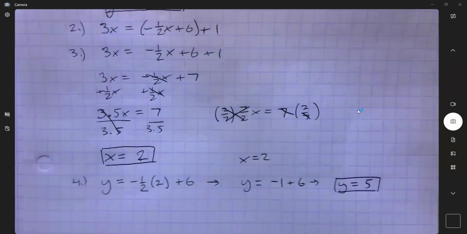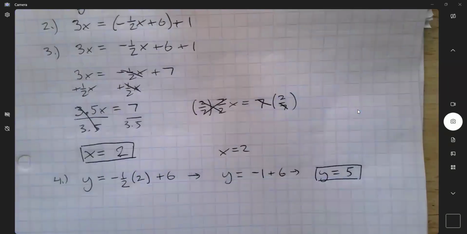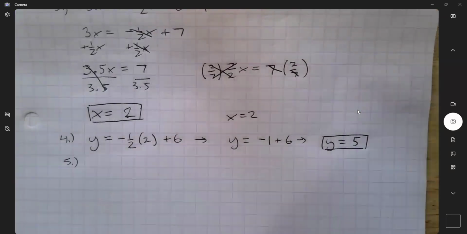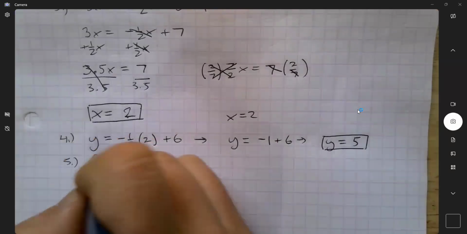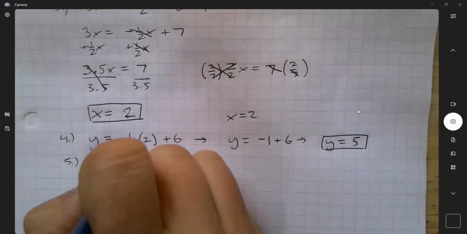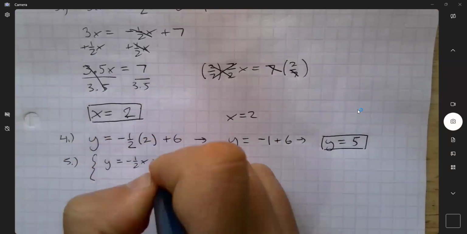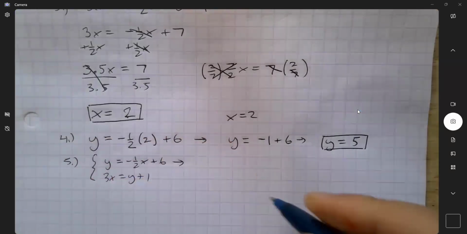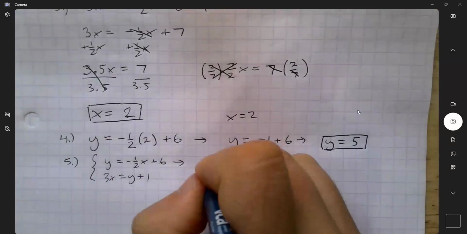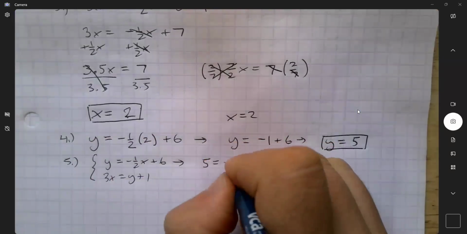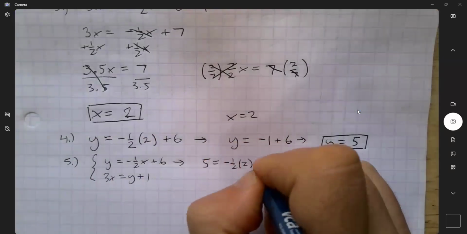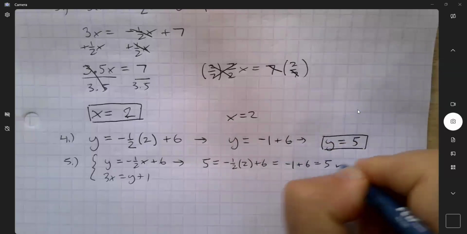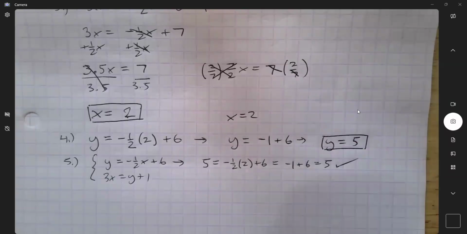Finally, I'm going to check both solutions in my original equation. So my original system of equations had y equals -1/2 x plus 6 and 3x equals y plus 1. If I check, I'm going to check that 5 equals -1/2 times 2 plus 6. Well, that's -1 plus 6, which is 5, so that works.